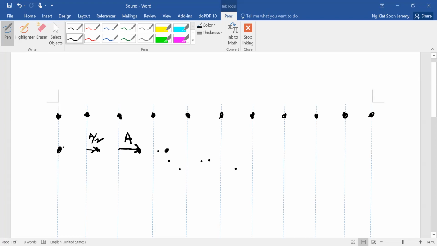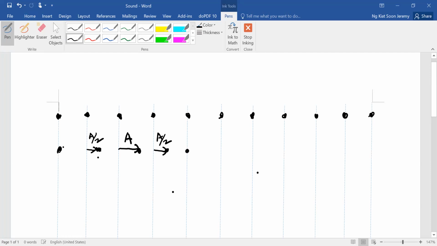I highly encourage you to draw along with me, because if you don't, later on when we solve more difficult questions, you're going to have a problem. And then I'm going to draw rest. What I've just tried to do here is point out to you where the particles are.